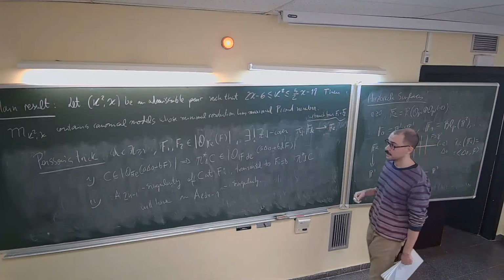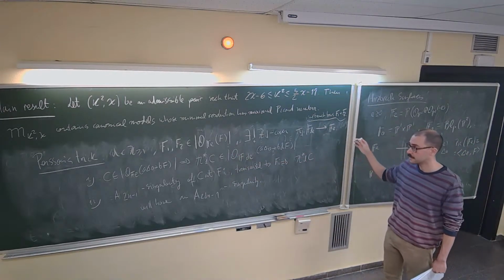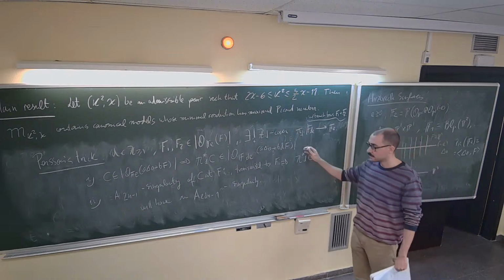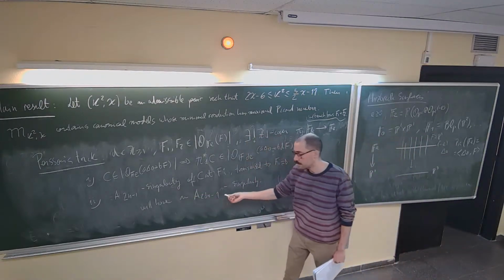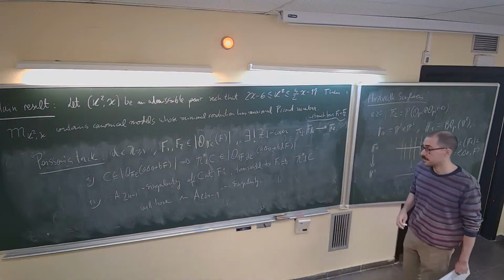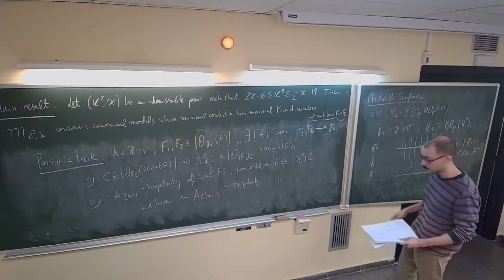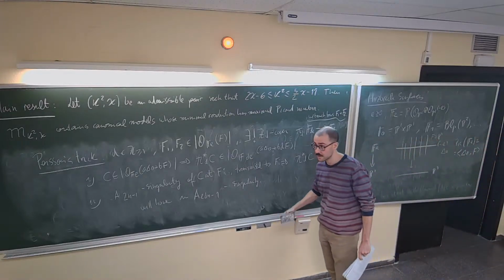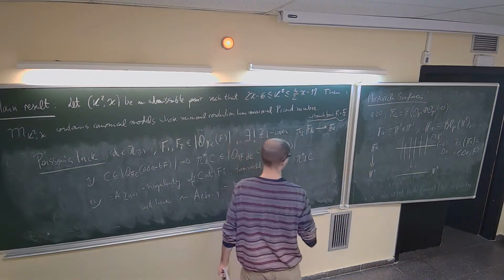Because if the singularities don't belong to the branch locus, they will be multiplied by d. And if the singularities belong to the branch locus, then the index will be bigger, and therefore we will have a more singular singularity, let's say. Okay, so we have all the ingredients to sketch the proof of our main result.